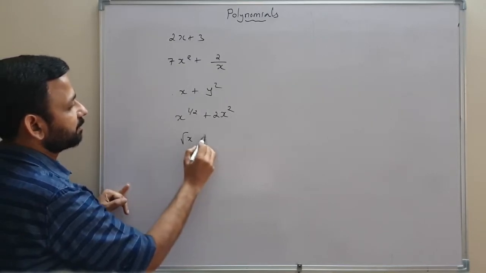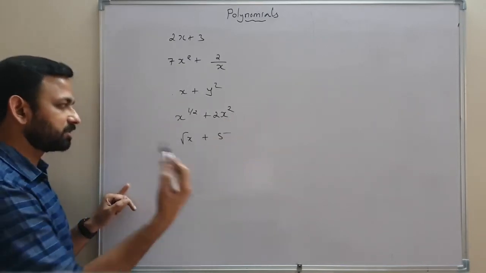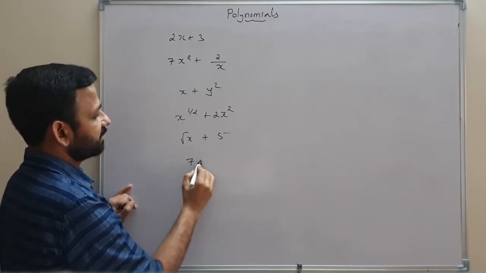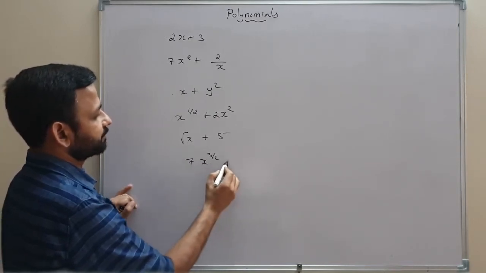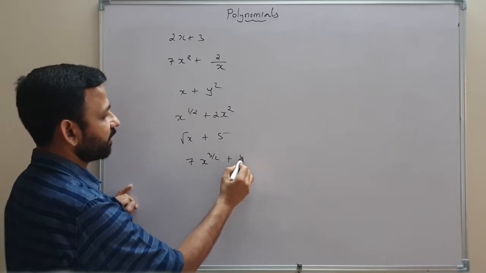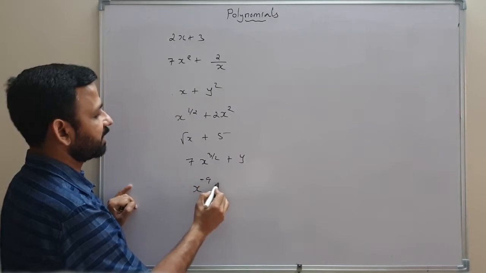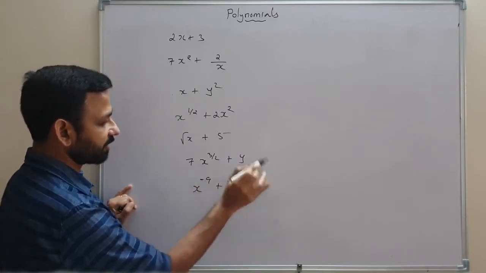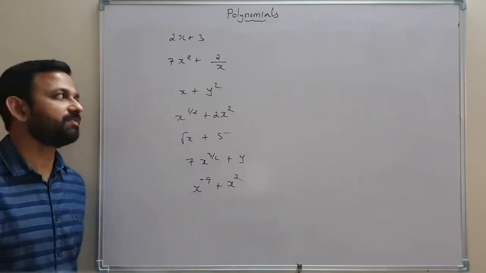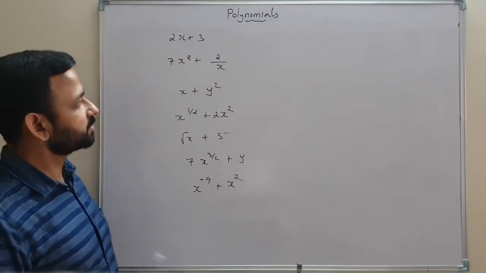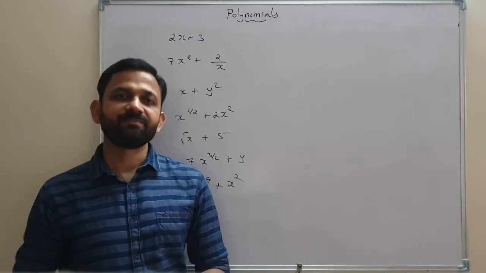Root x plus 5, another algebraic expression. 7x raised to 3 by 2 plus y, algebraic expression. X raised to minus 9 plus x square is an algebraic expression. So similarly we can write different types of algebraic expressions.